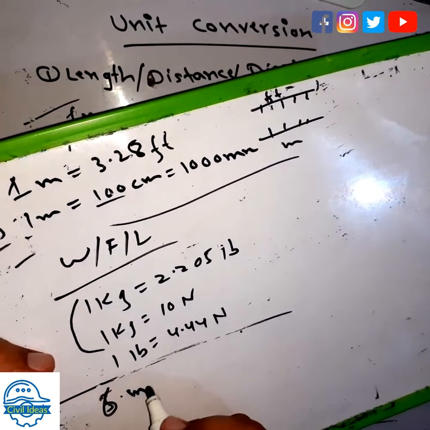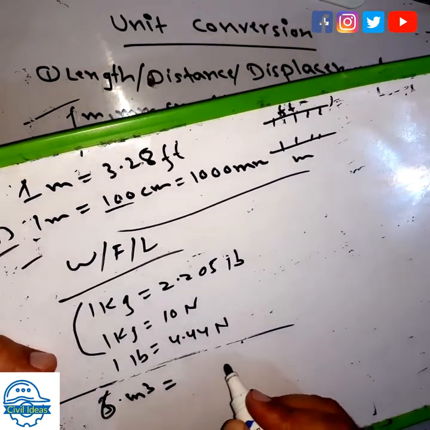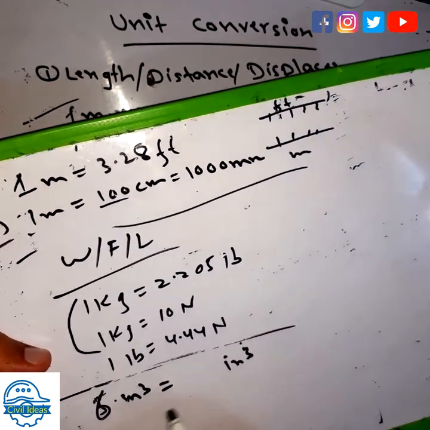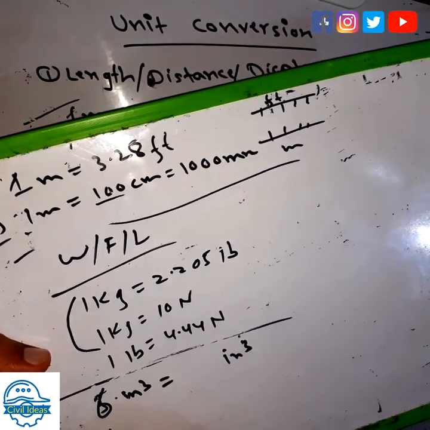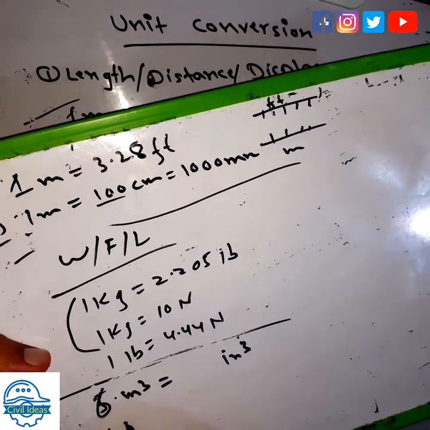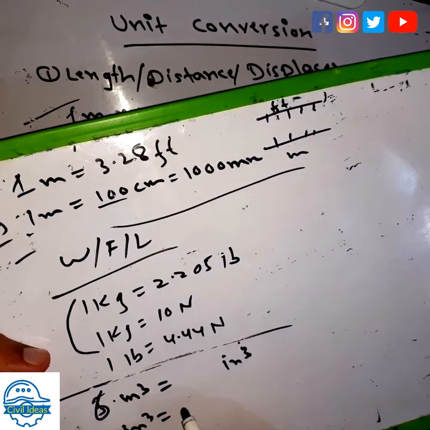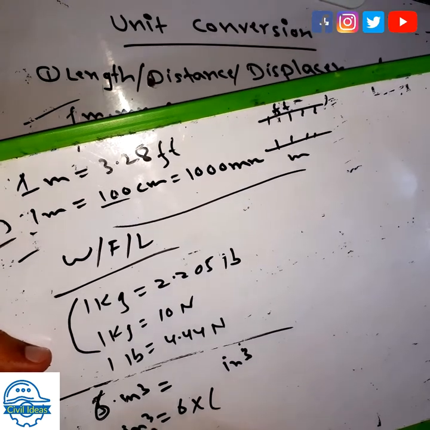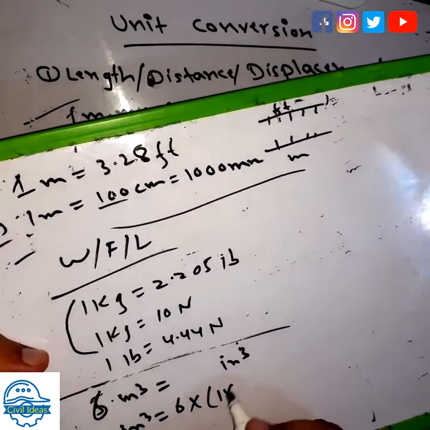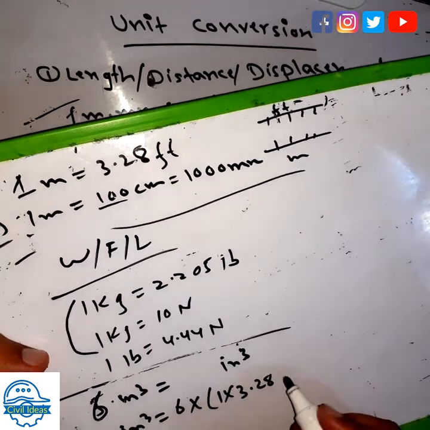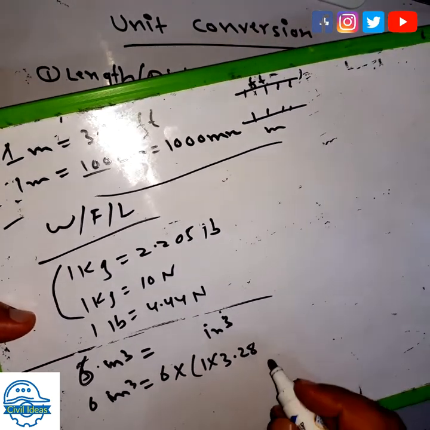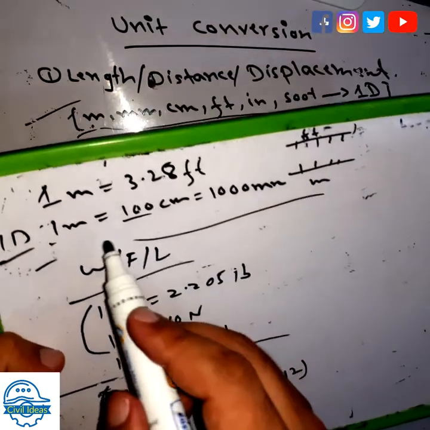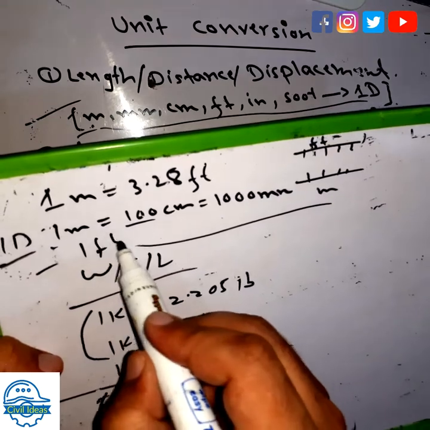like 6 cubic meters into cubic inches. You can easily convert it. First multiply 6 by the meter-to-feet conversion, 1 meter is equal to 3.28 feet, and now multiply it with 12 inches, because you know 1 foot is equal to 12 inches.